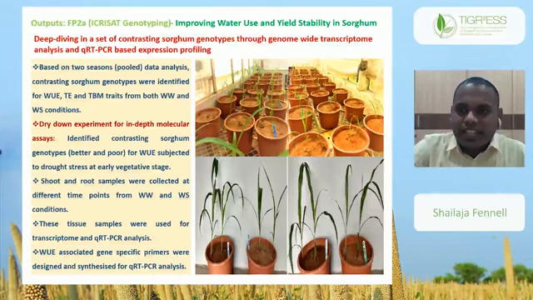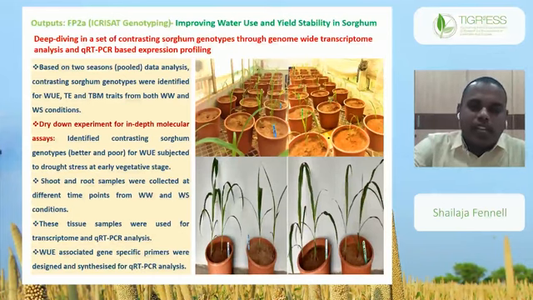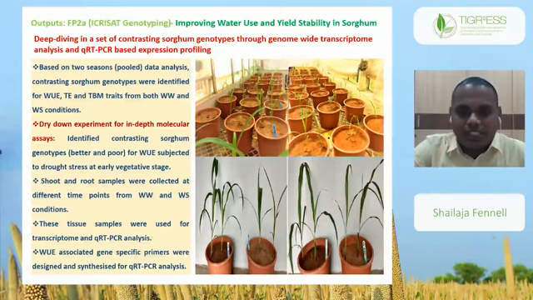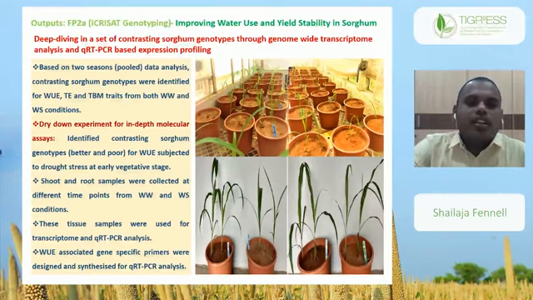We conducted a glasshouse experiment at ICRISAT, and these contrasting sorghum genotypes were subjected to drought stress at vegetative stage, approximately 21 days. We collected shoot and root tissues at different time points from both the well-watered and water stress conditions. These samples were subjected to transcriptome analysis, and we have also designed several gene-specific markers for qRT-PCR analysis.